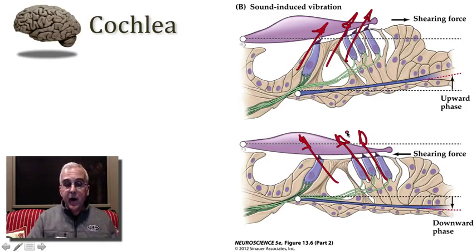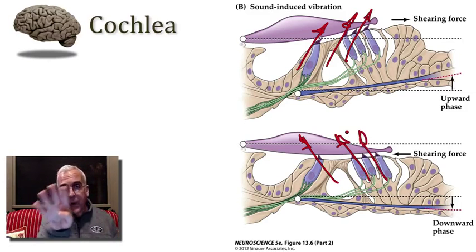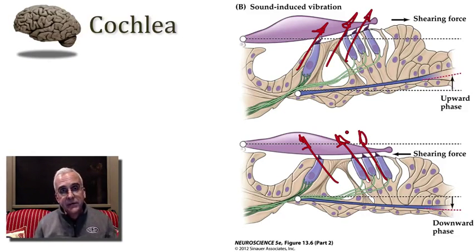So with each up and down cycle, there is a wagging back and forth of these stereocilia at the apex of the hair cells. And that movement of these cilia will open and close ion channels that allow ions then to enter the tips of these stereocilia and generate graded potentials in the inner hair cells.